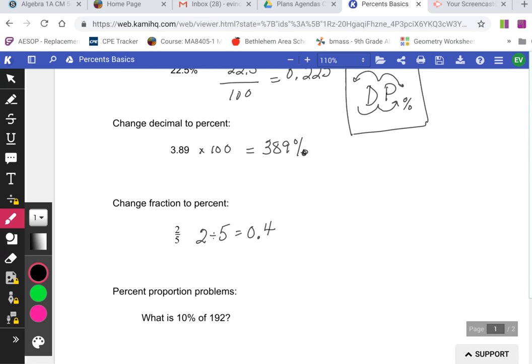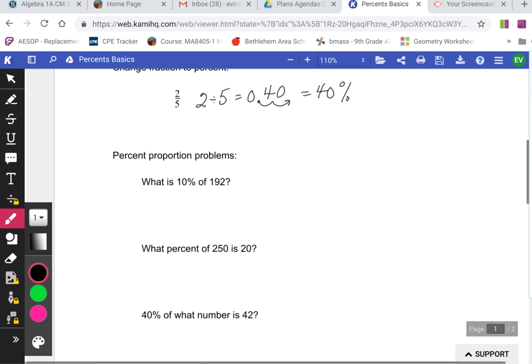So that's our decimal, and then if we use our little doodle, I'm changing from decimal to percent, so 2 places to the right, and add my percent sign. Since I have a blank space, then I want to put a 0 placeholder there. So that's the same as 40%. Okay, so hopefully going back and forth from one form to the other is not difficult for you.